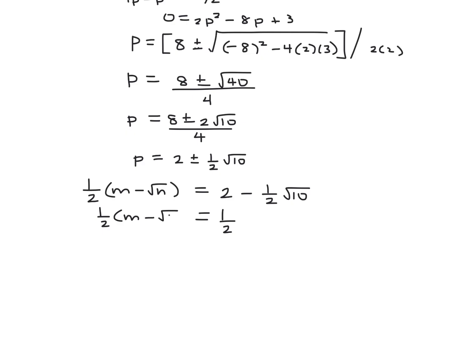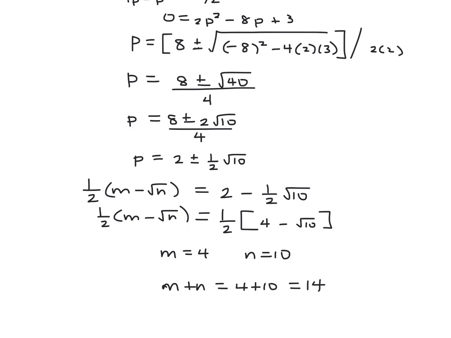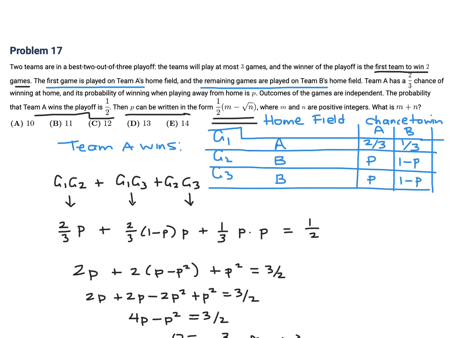That means it would be 1/2 times 4 minus root 10. So that means that m is 4 and n is 10. And they wanted me to find m plus n, so that's 4 plus 10, and that is 14. 14 is the answer. So that would be E.